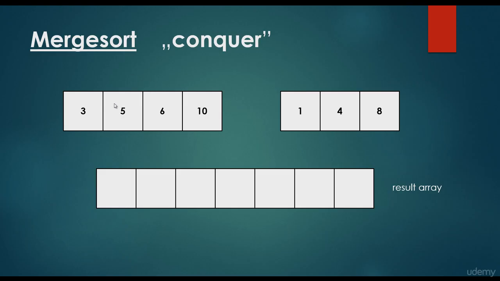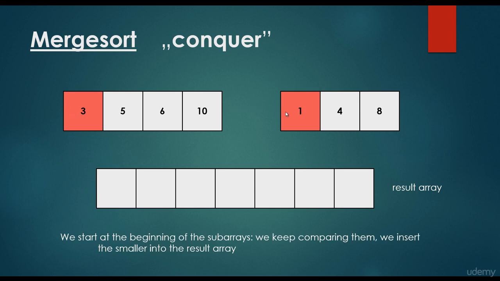So this is what we have been discussing, that we keep comparing the items. 1 is smaller than 3. The right subarray has something to do with the j index. The left subarray has something to do with the i index. In this case, we insert 1. And of course, we have to increment j, because we have to keep going and keep comparing the items accordingly.